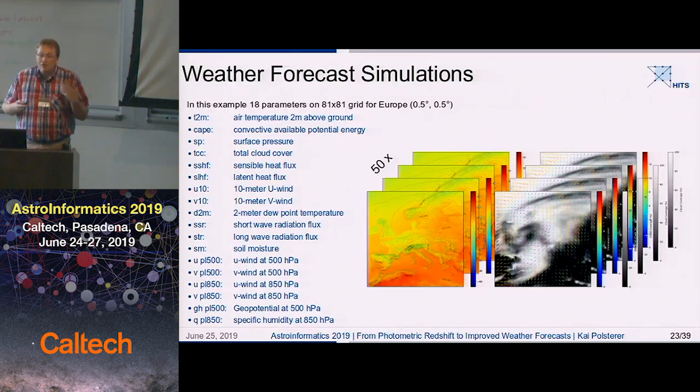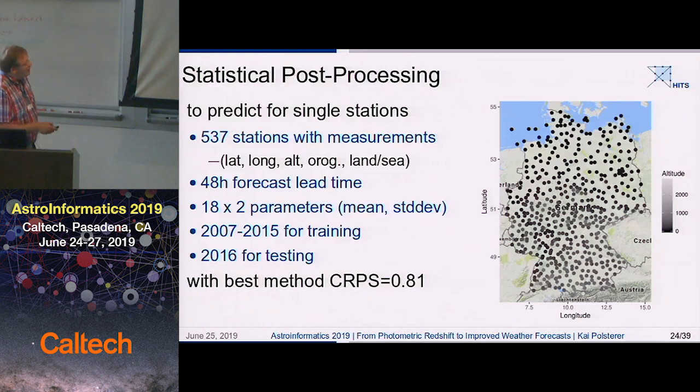So they have a different problem than we have. They get a lot of simulations, and the question is, how can we predict a single value, a single temperature for a single station? Because what they have, and this example, of course, is Germany-centric somehow. In this example, we have 537 weather stations with measurements.